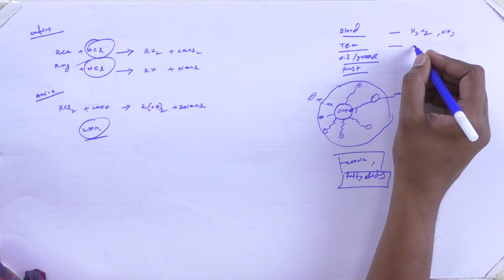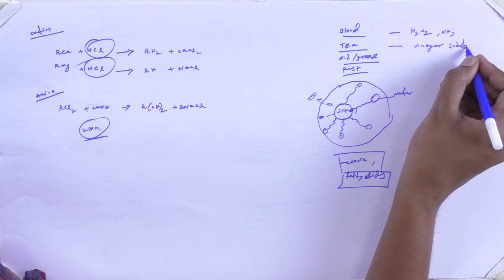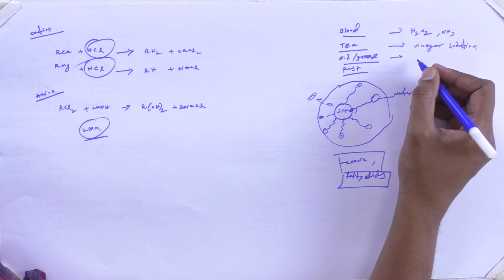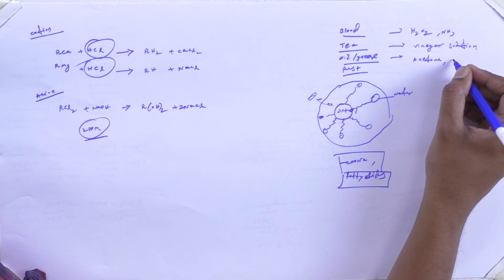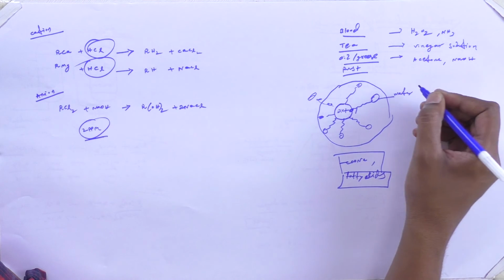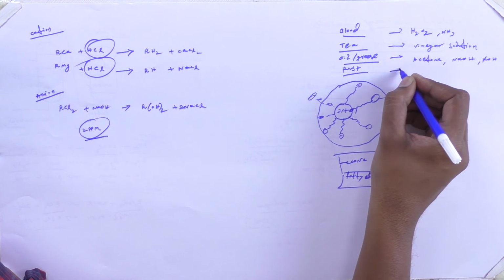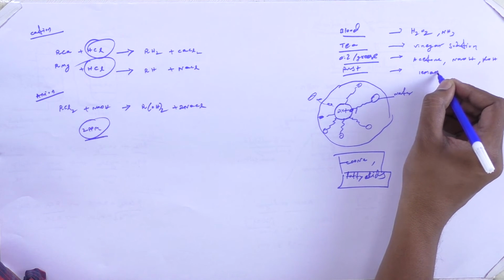The tea dirt is removed by vinegar solution. The oil dirt is removed by acetone, sodium hydroxide or potassium hydroxide. The rust dirt is removed by lemon. Just cut the lemon and rub it on the dirty place, and the rust is easily removed.